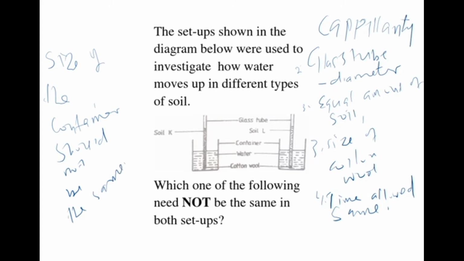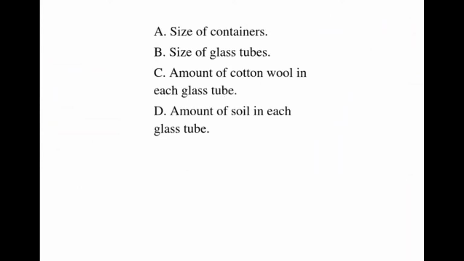So you can opt to use different sizes of containers, but the glass tube should be of the same diameter, different types of soil but of equal amount, allowed the same time, and finally the cotton wool that you put at the base should be the same. Therefore, looking at our answers there, the correct answer there is the size of the container.